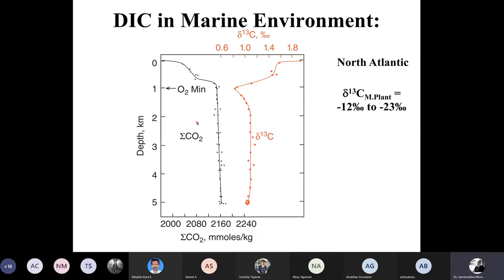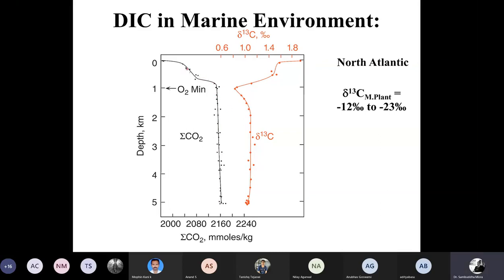A classical example of this comes from the marine carbon profile. Remember, the total CO2 or DIC profile of seawater looks like this. In the surface ocean, there is depletion due to photosynthesis, and in the deep ocean, there is an almost constant DIC value.